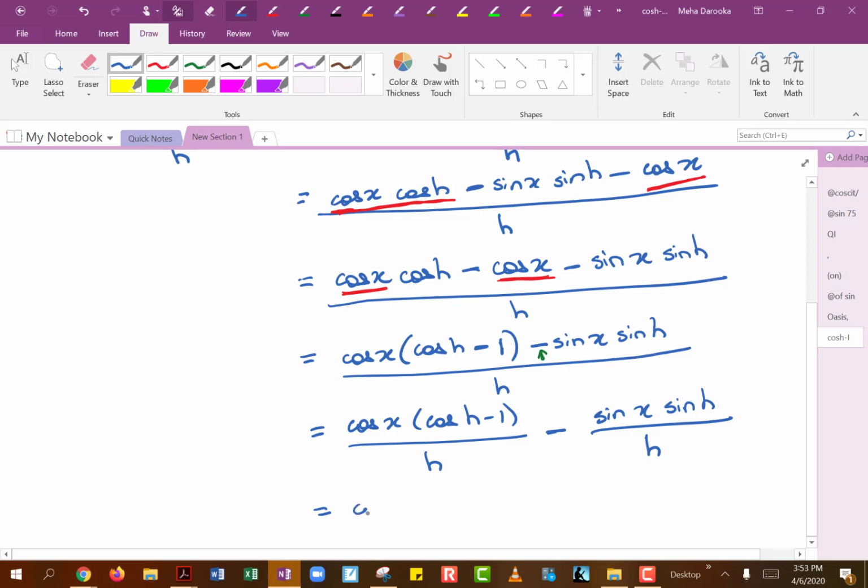And just to get it to look more like the right-hand side of what they're asking us to verify, you can write cosine of x on the side, and then you can write cosine of h minus 1 over h here. Because this is multiplication, you can go ahead and separate these the way I did. If it wasn't multiplication, then of course we couldn't have done that. And that's the same thing that's going to happen here with the sine x, sine h.